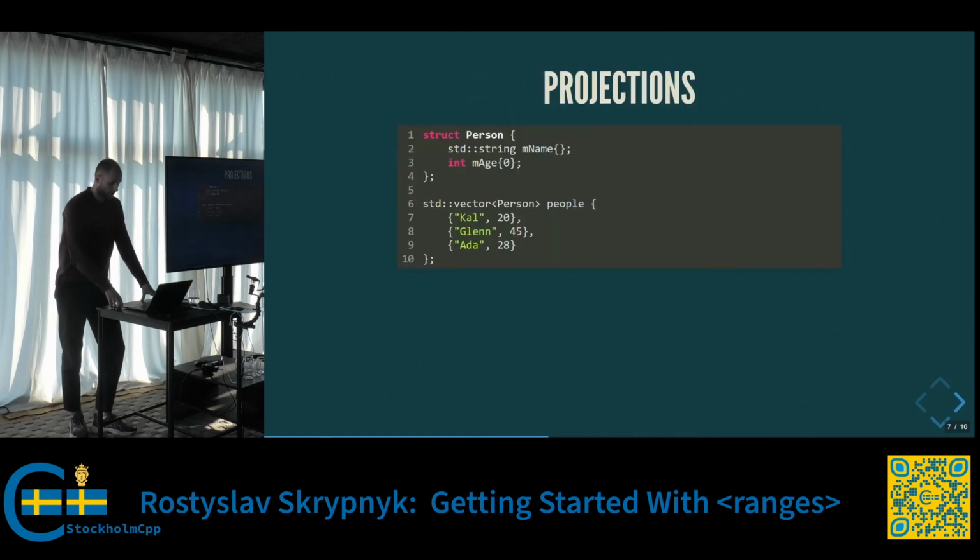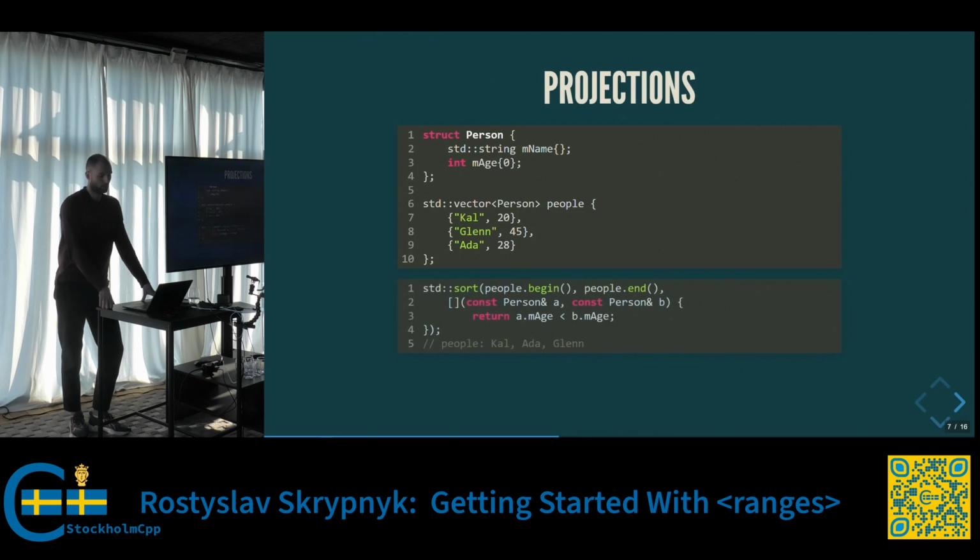Let's look at what this projection enhancement is. Let's say we have a data type called person, which holds a name and an age of a person. And then we have a collection called people of Carl, Glenn, and Ada. If we would like to sort this collection by age, with the STL version of sort, you would do something similar to this.